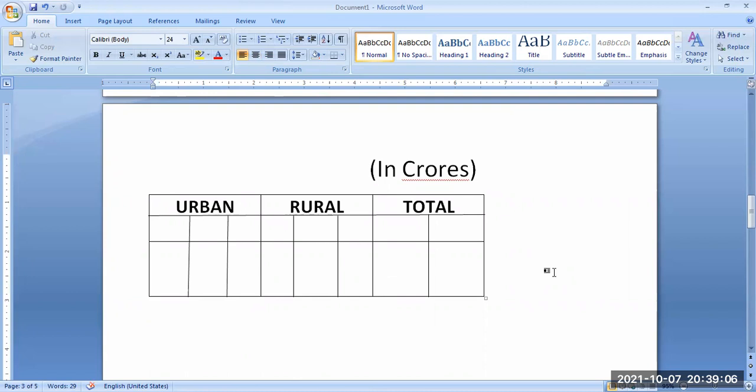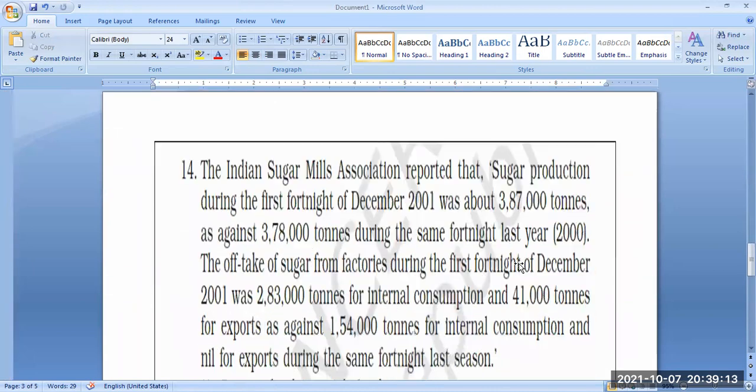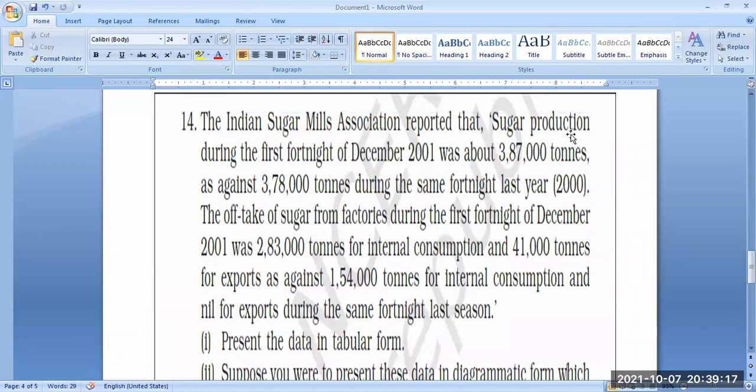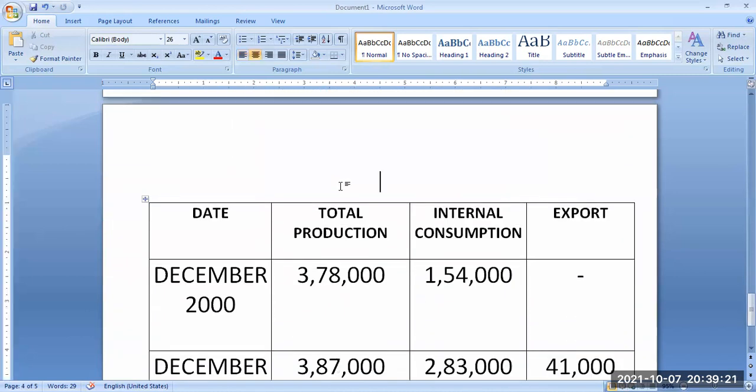It can change from person to person; there is no hard and fast rule. Similarly, here my heading is sugar production and consumption. Both I am mentioning.